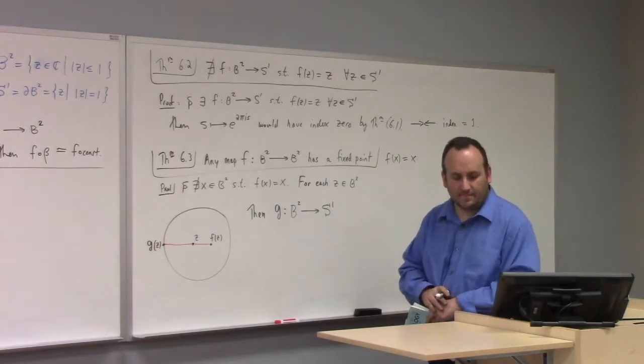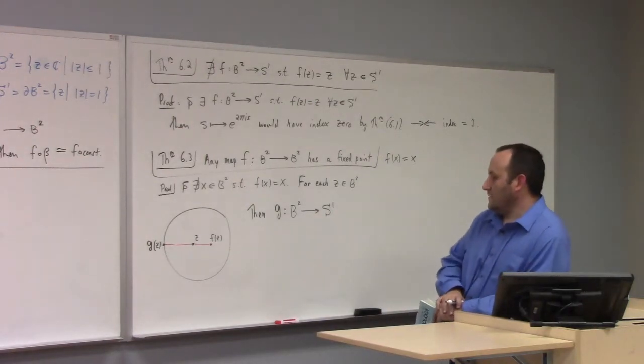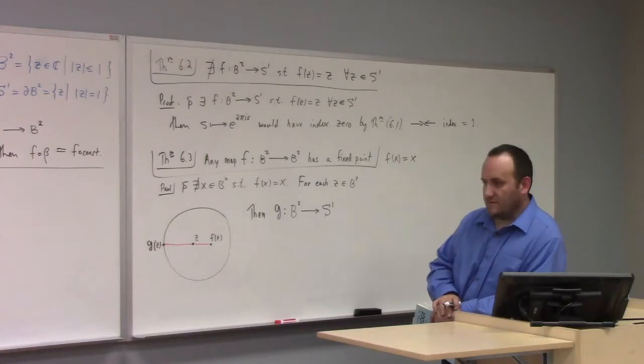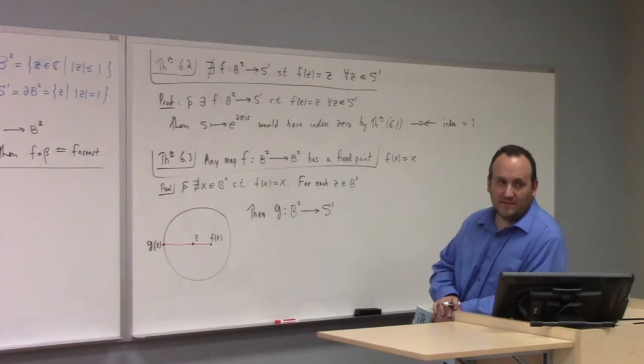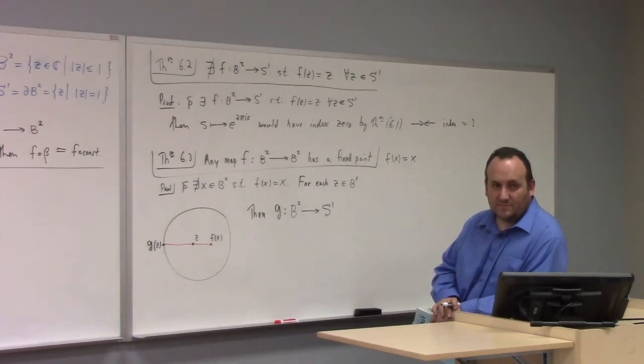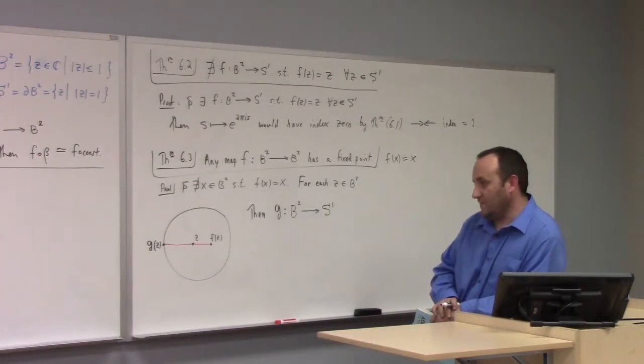Let's think about that. Well, certainly the process of taking Z and mapping to Z minus f of Z, that's continuous because we're just taking the difference of the identity map and a continuous function. That's a continuous formula. And then if you think about what's required to get G of Z, well, that's just what?